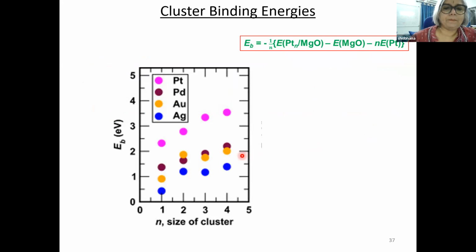And if we plot these results of the binding energy per atom, platinum is these pink dots, and then you get lower numbers for palladium, gold, and silver. It's generally monotonic, but not completely so.